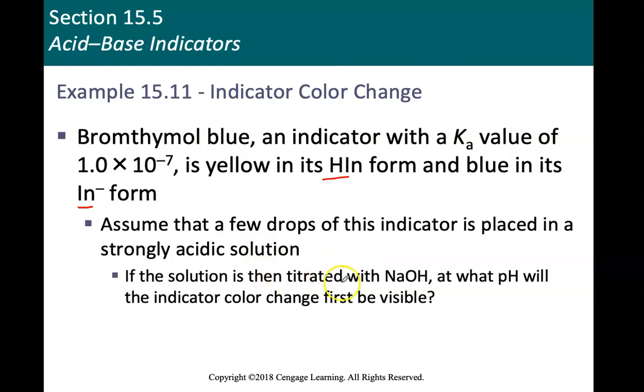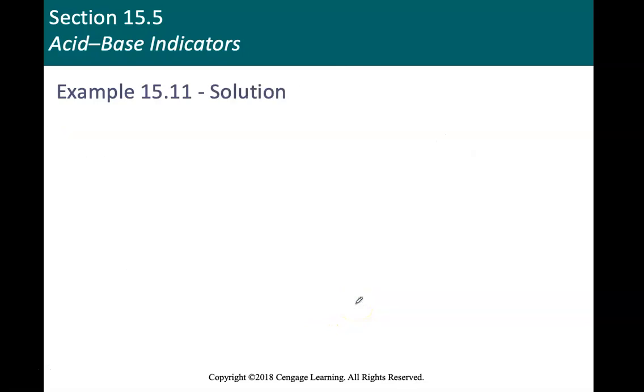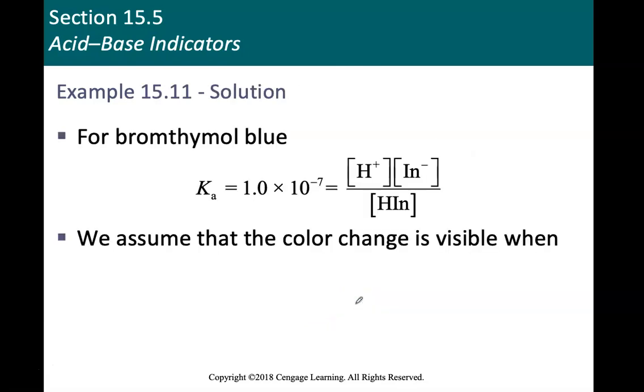If the solution is then titrated with NaOH, at what pH will the indicator color change be first visible? So let's look at this setup. The Ka is 1 times 10 to the power minus 7, and that is related to the concentration of the proton and the anion over the acid.